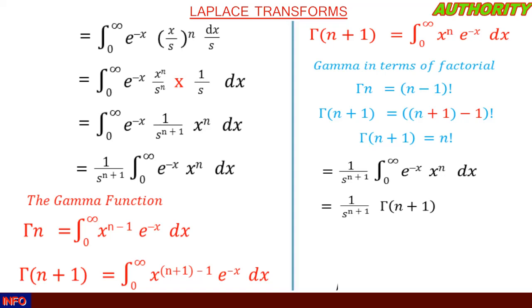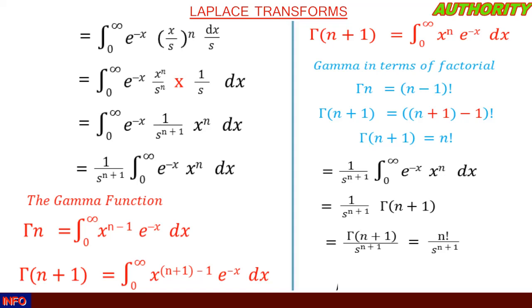Again, let's multiply these two together now. That means we are going to have the gamma function of n plus 1 all over s raised to the power of n plus 1. And then we say the gamma of n plus 1 is the same as what?